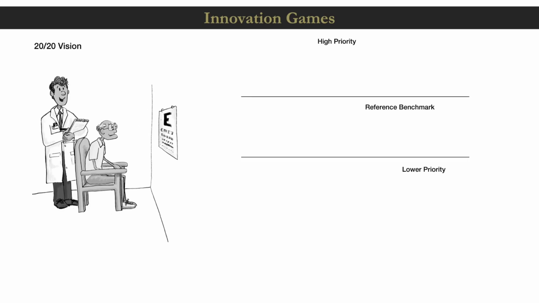Anything below this line is low priority, and the section in the middle is a reference benchmark. So the customers or the product owner or product manager, whoever is representing the customer, have a stack of cards that represent features. Now, one by one, they can place a feature in any of these three sections. And depending on how and where they placed the feature, you can identify the priority for a particular feature.